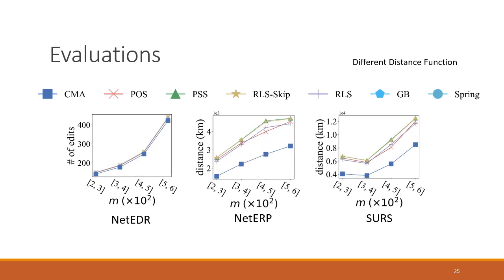The algorithms proposed in this paper can be applied not only to trajectories represented by GPS points, but also to trajectories represented by other forms such as points or edges on the network. As the length of the query trajectory increases, the time required to find the optimal similar subtrajectory also increases, and the distance between the optimal solution and the query trajectory also tends to increase.